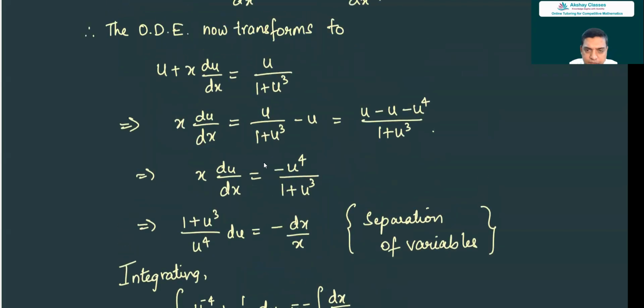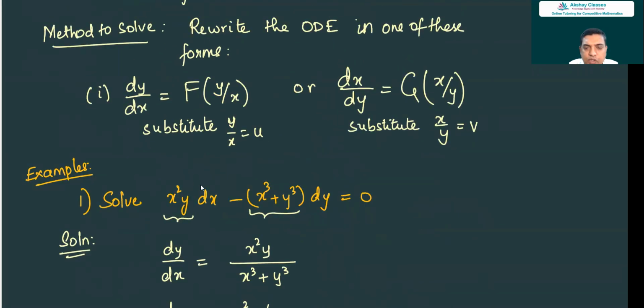So what did we do here? We observed that it is a homogeneous equation. The numerator is a degree 3 term: x has degree 2, y has degree 1, so together the product degree is 3. In the denominator, both terms are of degree 3.